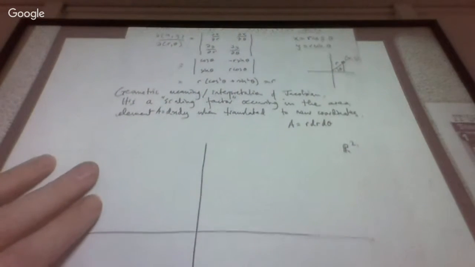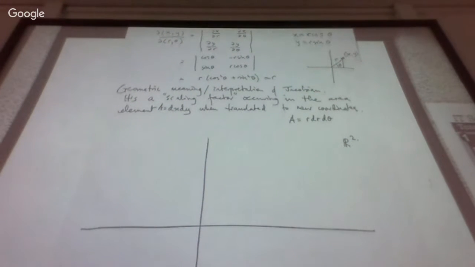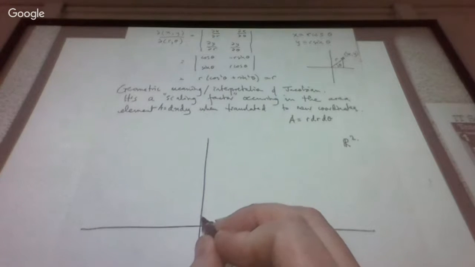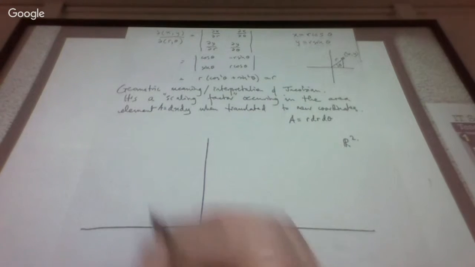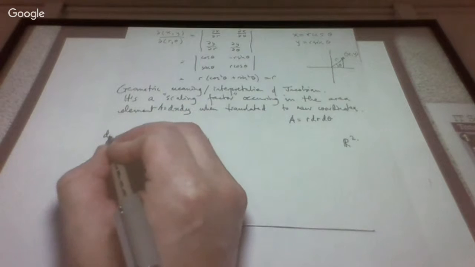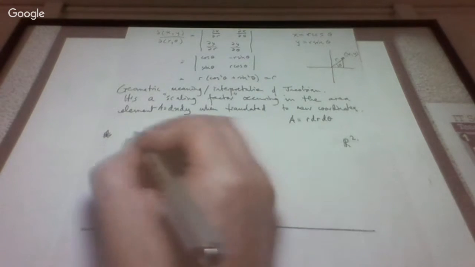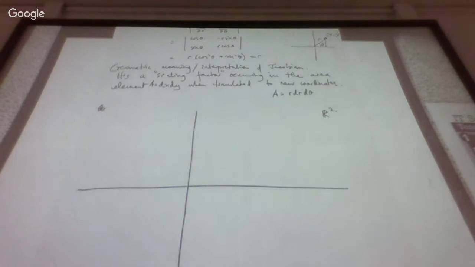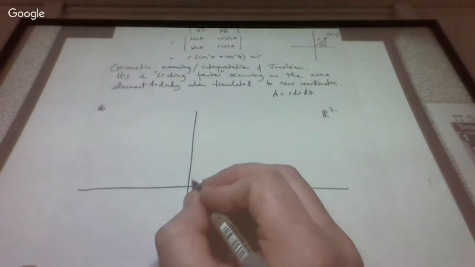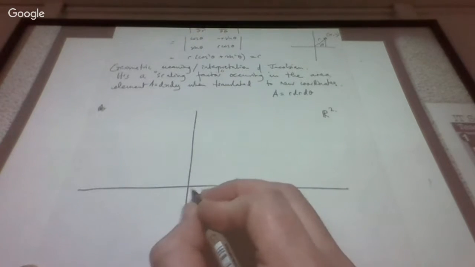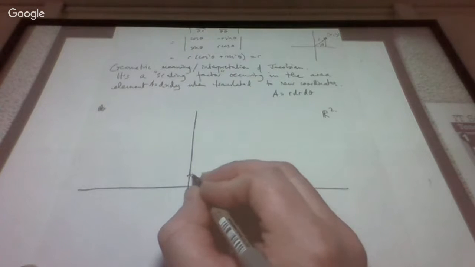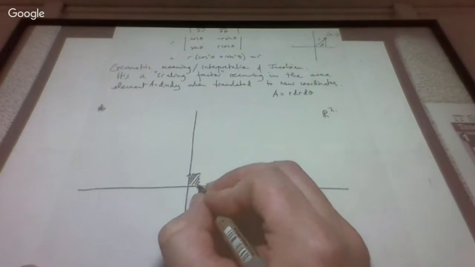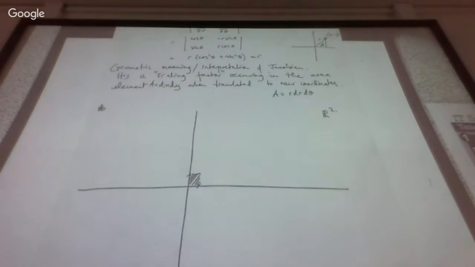Now, if we talk in terms of the Cartesian coordinates, we're interested in what kind of area is covered when you change the x coordinate and change the y coordinate. Well, if you change x a little bit and change y a little bit, what you get is a little square or a little rectangle.